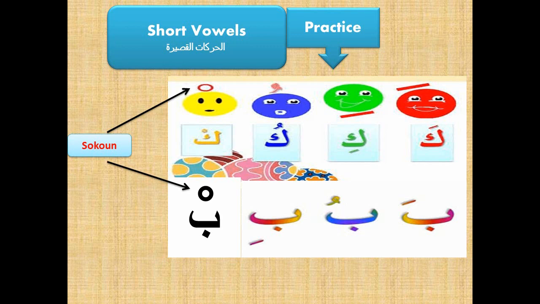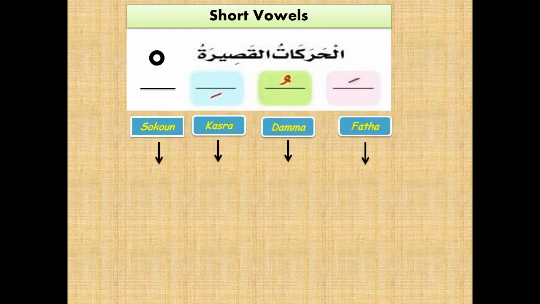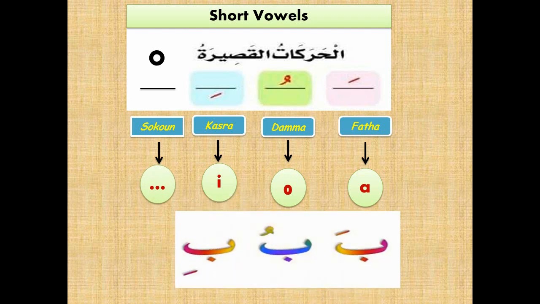Again, with short vowels, we have Fatha, Damma, Kasra, and Sukun. So Fatha has this sound, A. Damma, O. Kasra, E. And sukun, as I have just said, there is no sound, no vowel for letters with this small circle, sukun. Let's give some examples. So, ba, there is fatha.